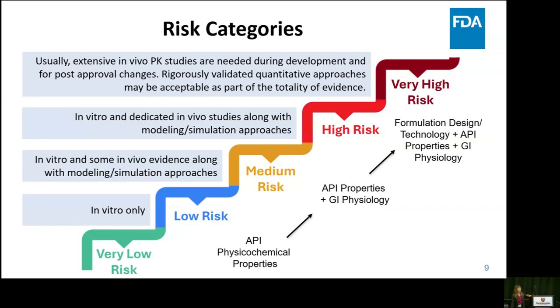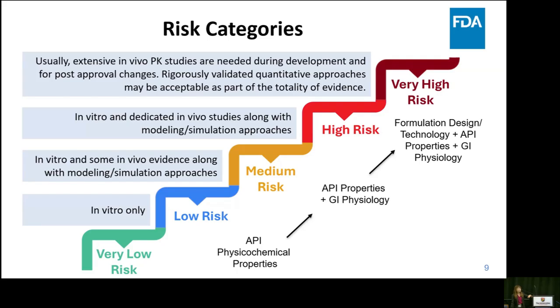And then for medium risk product, we want to emphasize the role of biorelevant dissolution. We are also thinking in vitro and some in vivo evidence along with the modeling and simulation approaches could be an effective way to manage medium risk drug products.